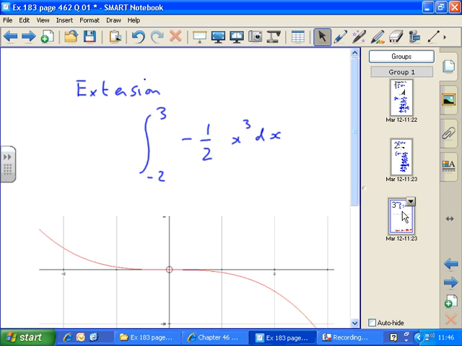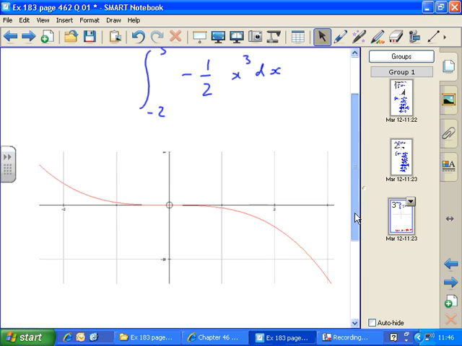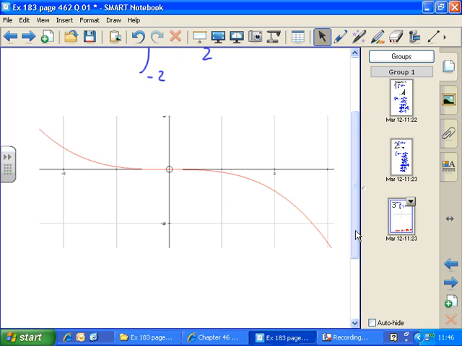Right, an extension question. Integrate a cubic relationship this time, minus a half x cubed with respect to x between the limits 3 and minus 2. So I've sketched out the curve. This is a cubic relationship this time, but the process is exactly the same. So I'm going between minus 2 and 3, which is here.